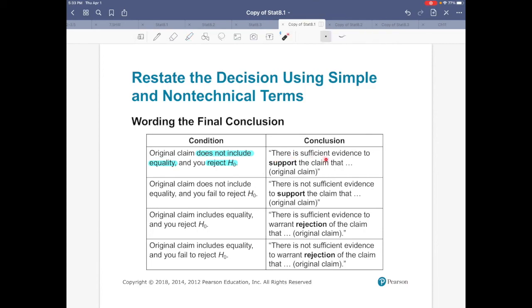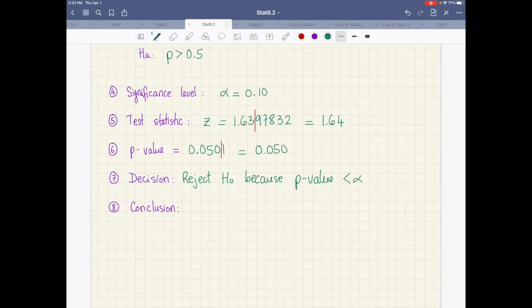There is sufficient evidence to support the claim that, and from here I insert my original claim: the probability of the home team winning is greater than 1/2.